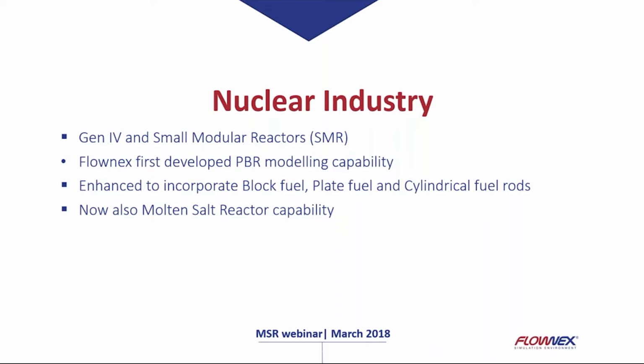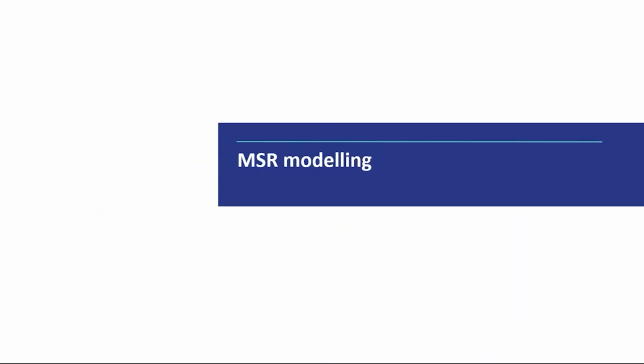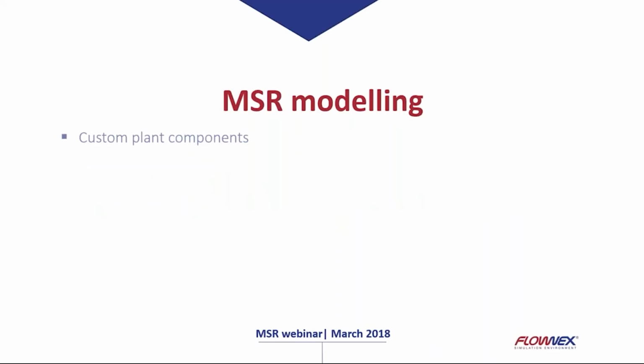Okay, so to go into a little bit more detail on the molten salt reactor modeling, what makes Flownex capable? I'd say it's the fact that we have custom plant components. Those of you who have worked with Flownex previously will know that we have a library of components such as heat exchangers, pumps, valves, pipes, all of those. For those of you who haven't seen Flownex previously, I'll give a quick introduction as soon as we go to Flownex itself.